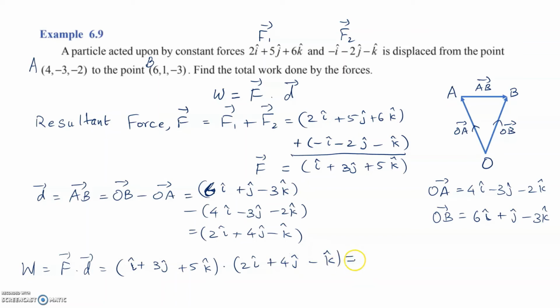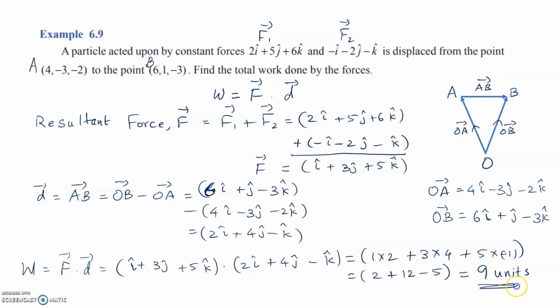So we know that you have to just multiply the coefficients of i, j and k. So our result would be 1 into 2 plus 3 into 4 plus 5 into minus 1. That would be equal to 2 plus 12 minus 5. And that's equal to 9 units. So that's our answer.